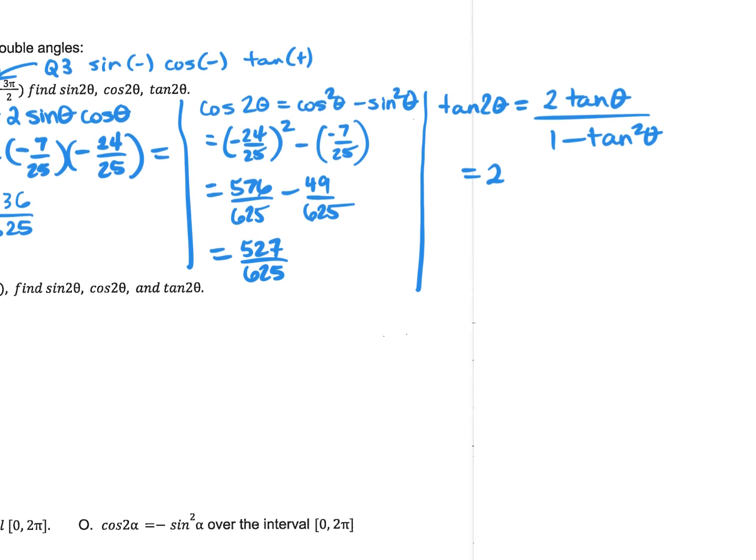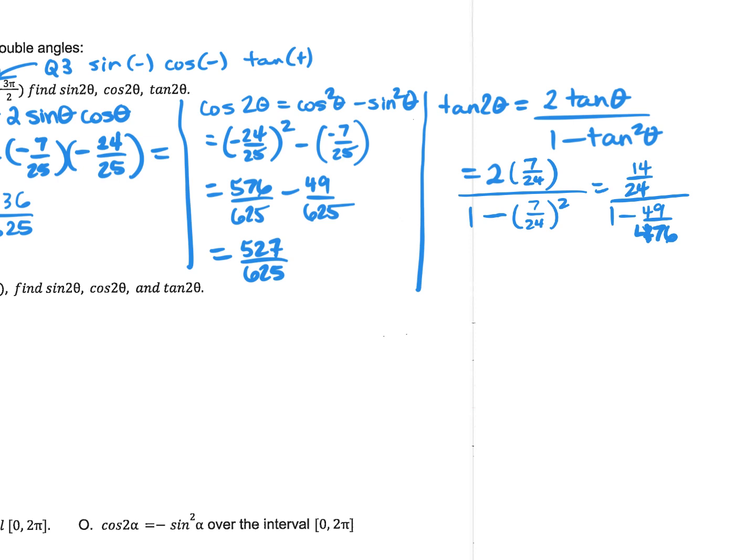Opposite over adjacent, right? So it is 7 over 24. 1 minus 7 over 24 squared. So this is 14 over 24 divided by 1 minus 49 over 476. Right?